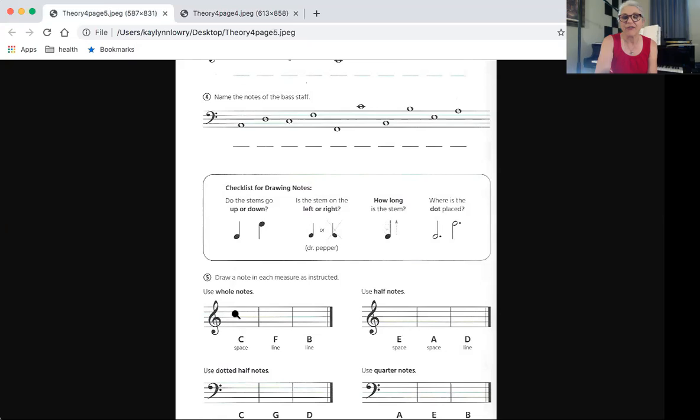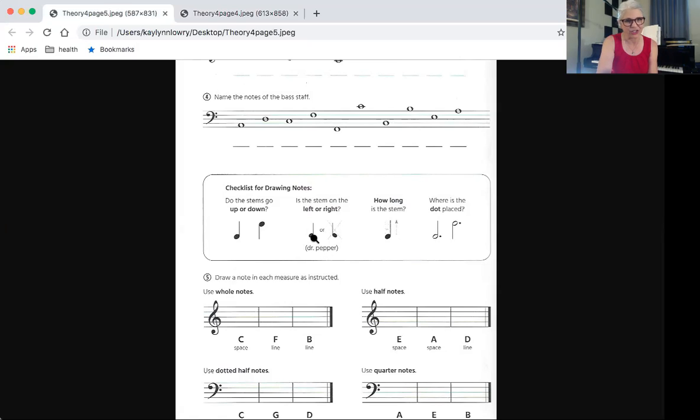And so if those notes go higher than that middle line, they all need to point down. If the notes go lower than the middle line, the stems need to point up. So that's the basic rule.